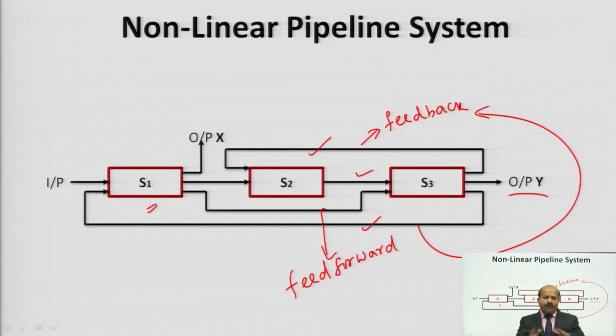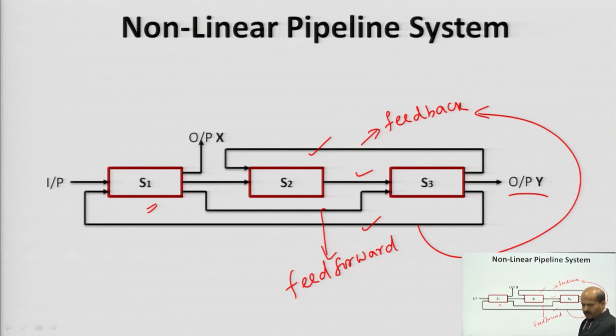So, there is no fixed rule for jumping from one stage to another, or for what type of connection we are using; either feedback or feed forward we can use, it depends on the given condition of the program.